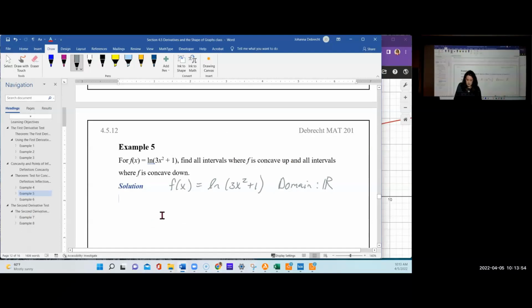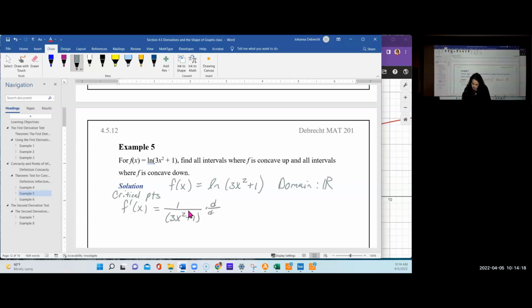All right. Now we want to take a look at the first derivative. So we're going to do f prime of x. We're looking for critical values or critical points. So f prime is going to be the derivative of natural log, which is 1 over u times du dx.